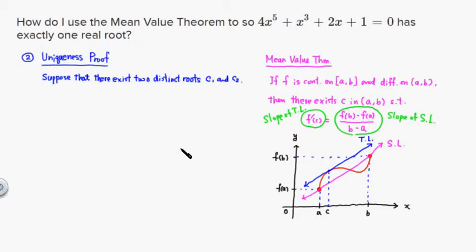So the roots mean that, just like the first part, f of x is 4x to the fifth plus x cubed plus 2x plus 1. So we know that c1 is a root, so f of c1 is equal to 0, and also f of c2 as well.